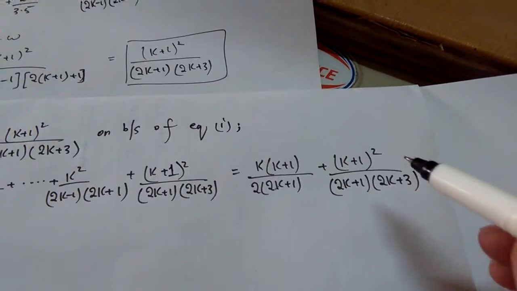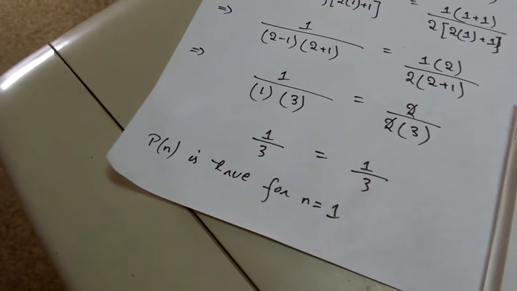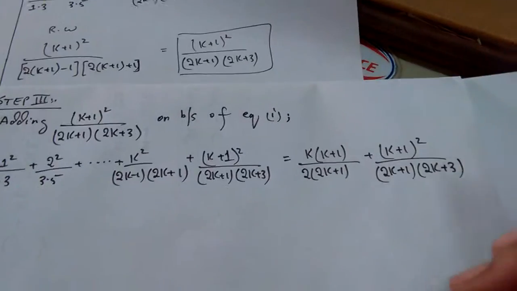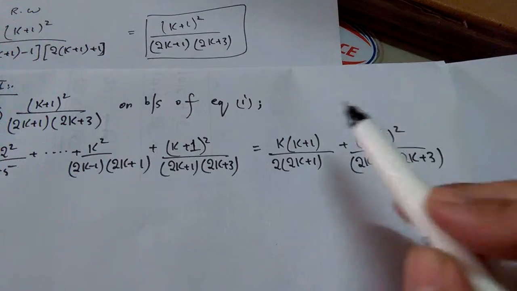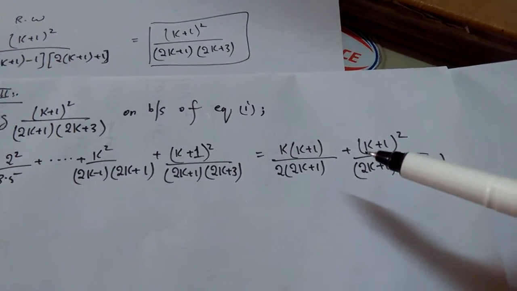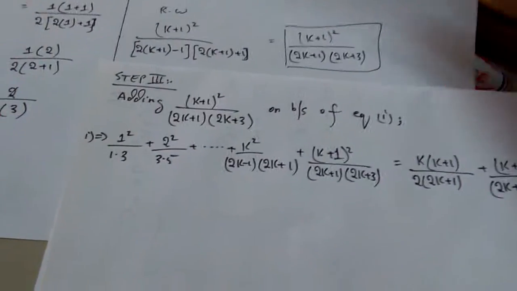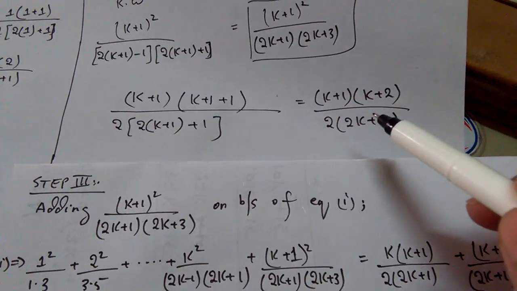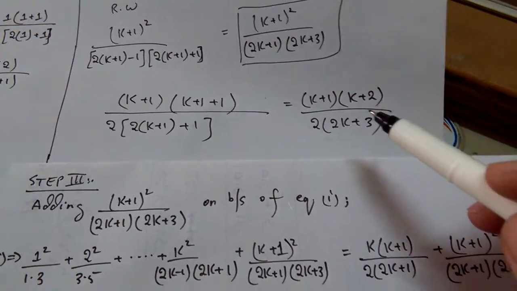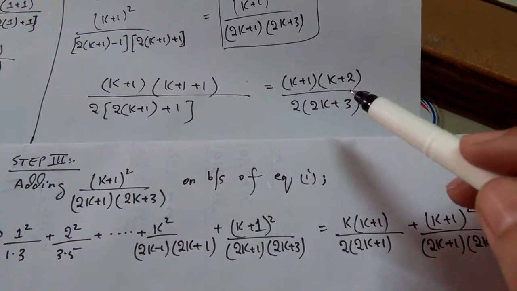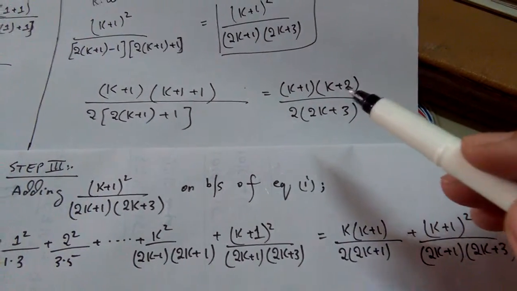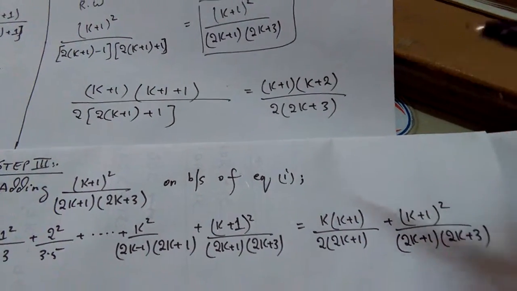Now I have to solve this right hand side over here, and on solving I should get this form, in order to make P of n true for n equals to k plus 1.